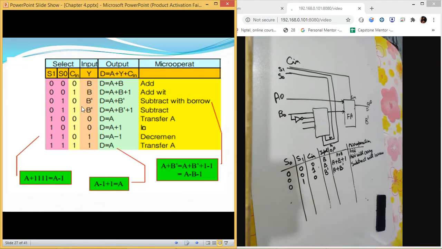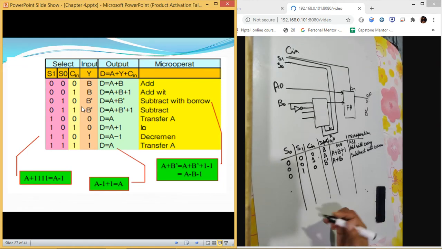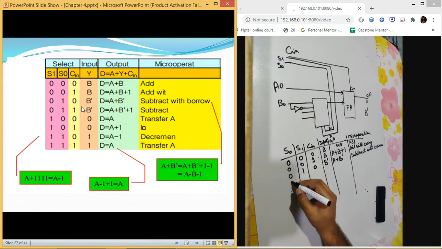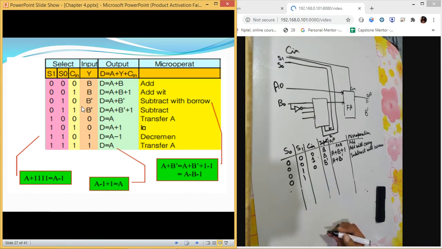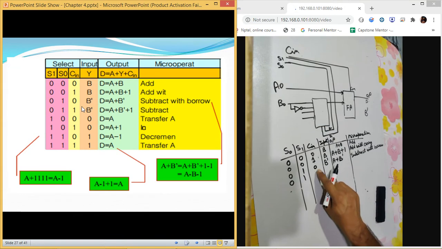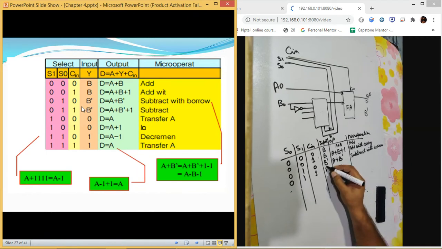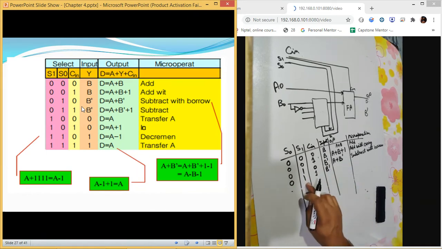After this, the next operation which we have: the selection lines are going to remain the same. Now the Cin value will change from 0 to 1, and the input will still remain the same because both lines are 0 1 as in the previous case.